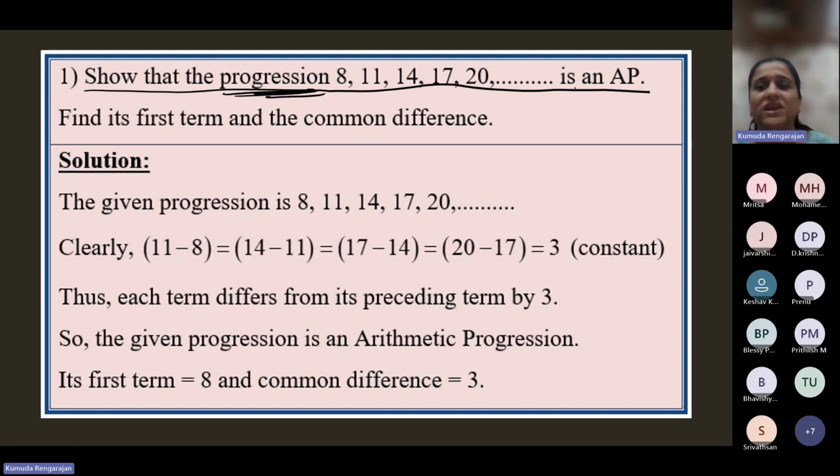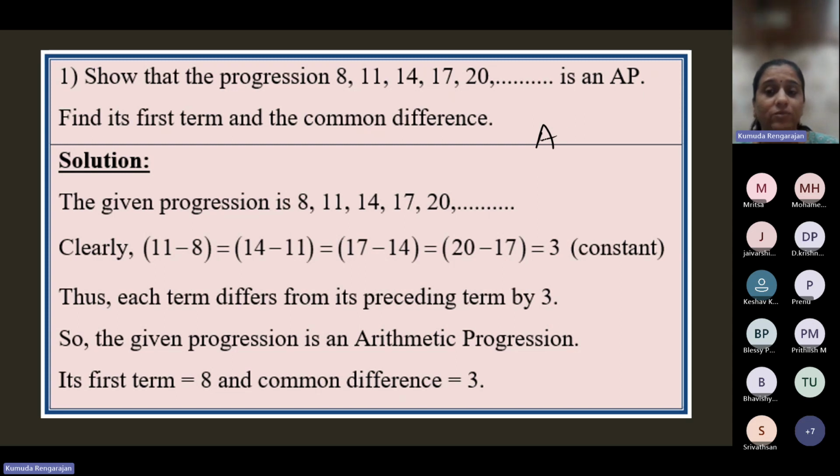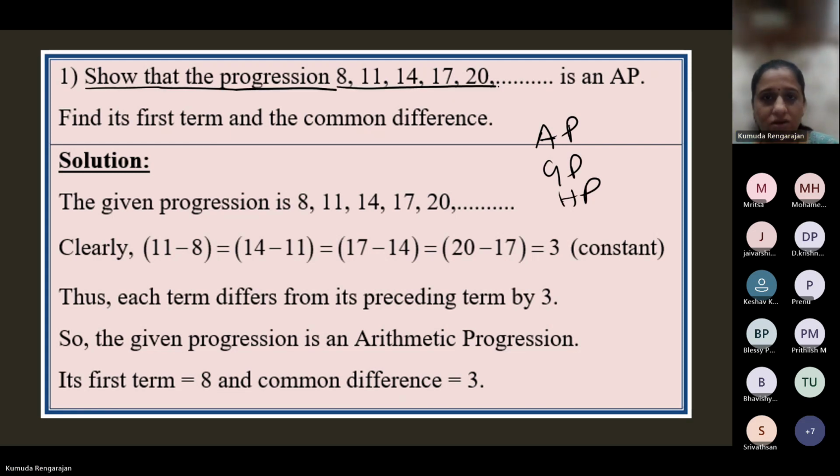Show that the sequence is an arithmetic progression, because we have different sequences: AP, GP, HP. So show that the sequence with these numbers is an arithmetic progression. Find its first term and the common difference.